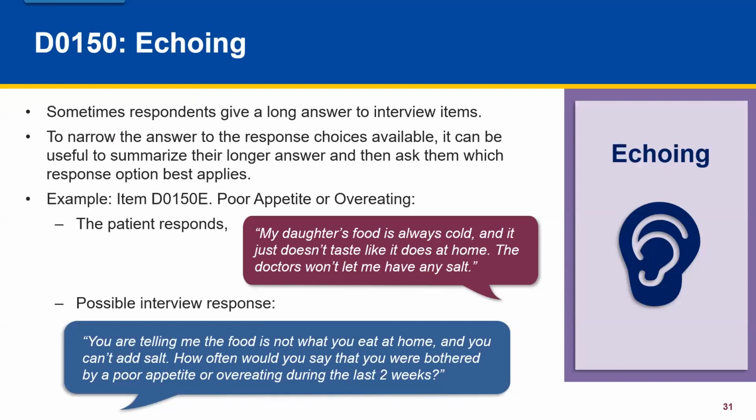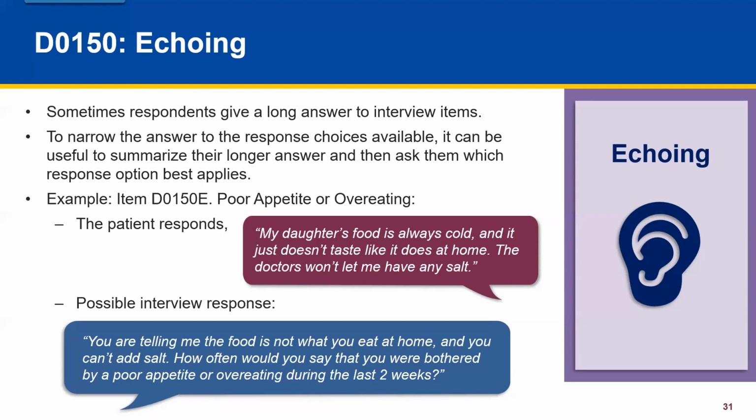Sometimes patients may give you a long answer to an interview item. It's important to narrow the answer to the response choices available. Echoing is where you summarize longer answers to interview items by narrowing the answers to the response choices available, and then ask the patient which response option best applies. Here's a good example.